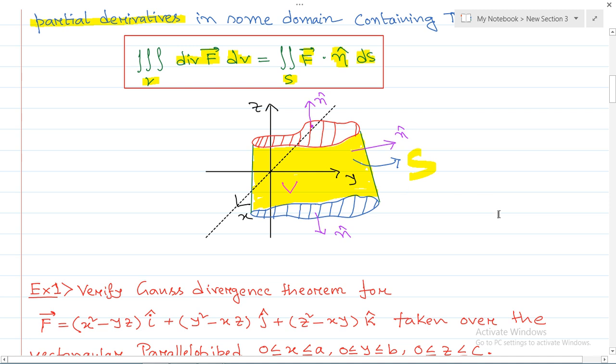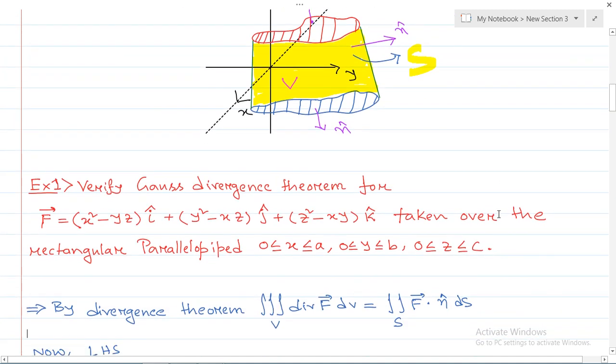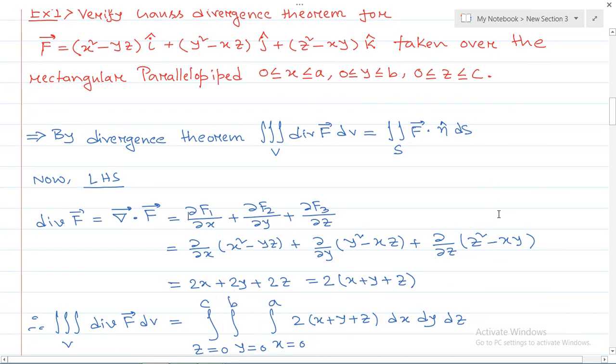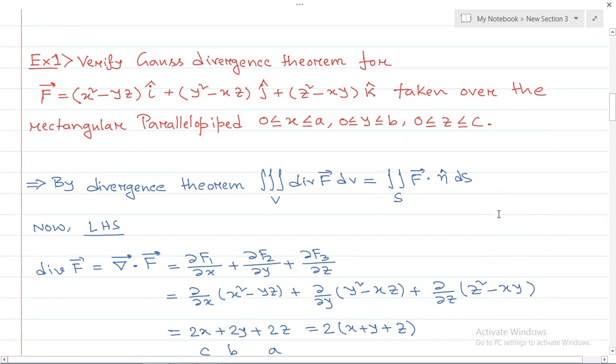Okay, so in our exam what type of problem are we going to face? Basically it will come as the verification of the Gauss Divergence Theorem. So let us start the problem. Here the question is: verify the Gauss Divergence Theorem for the vector f equals x square minus yz i cap, y square minus xz j cap, z square minus xy k cap taken over a rectangular parallelepiped 0 less than or equal to x less than or equal to a, 0 less than or equal to y less than or equal to b, 0 less than or equal to z less than or equal to c.